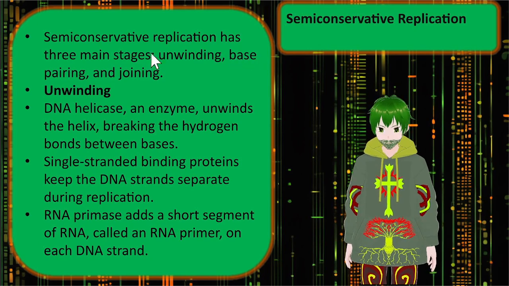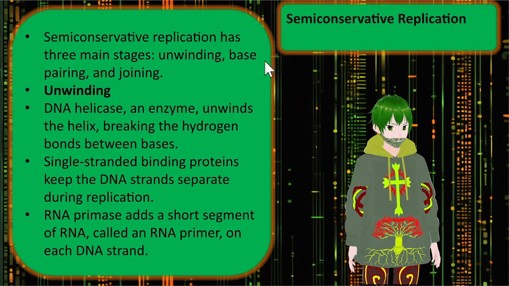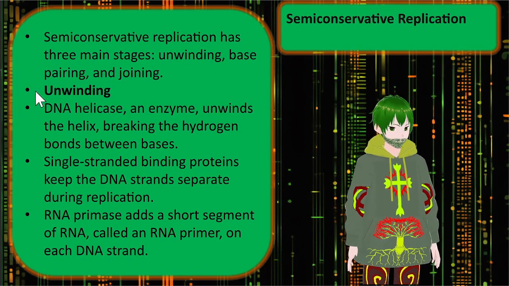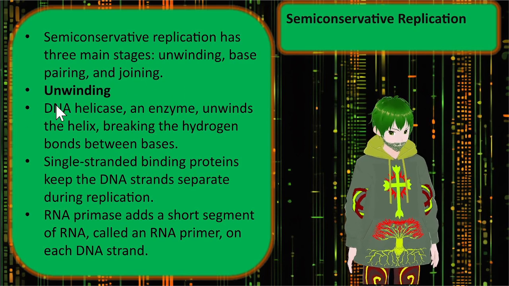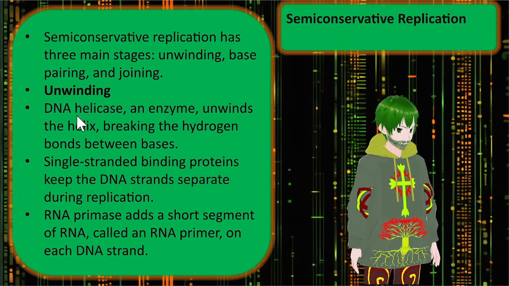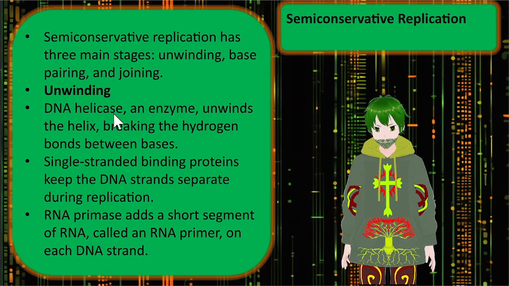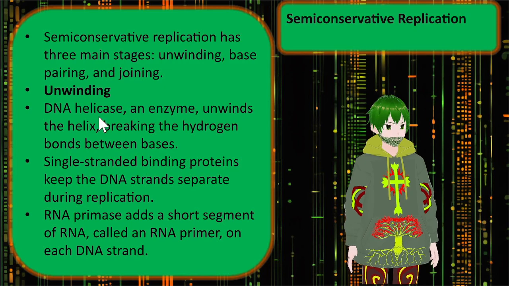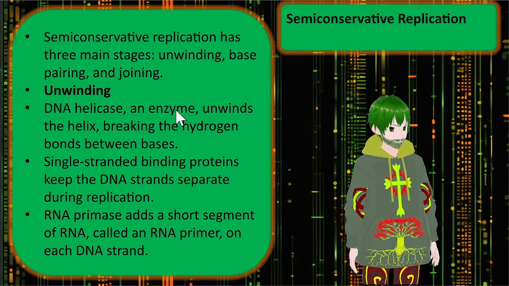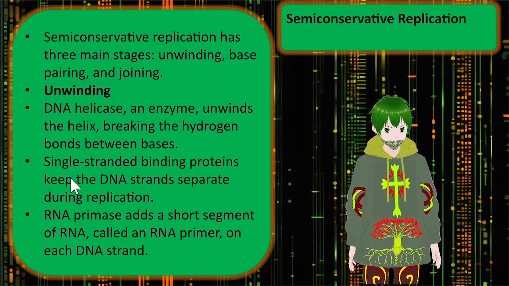Semi-conservative replication has three main stages involving bases, pairing, and joining. The first is unwinding, which is done by DNA helicase. The -ase is an enzyme that splits something, and so it unwinds and separates the DNA, and also prevents it from tangling.